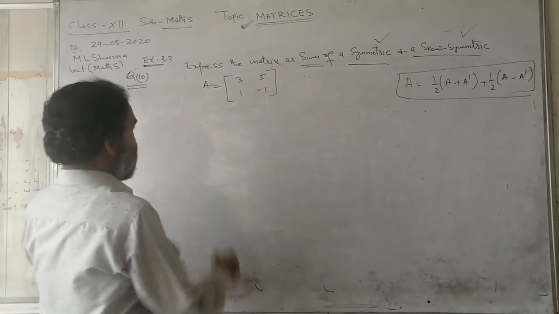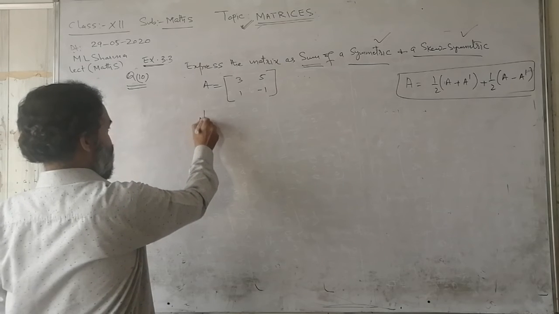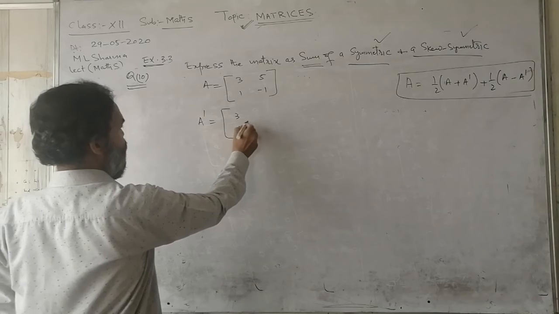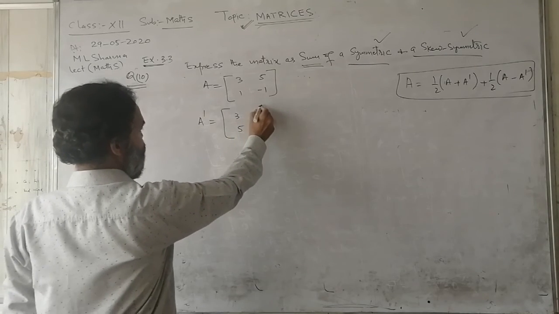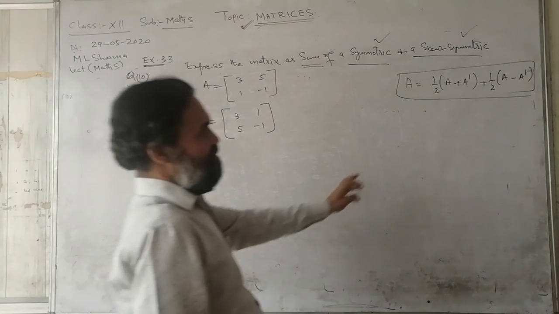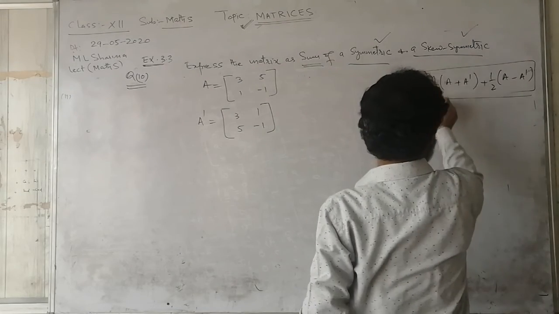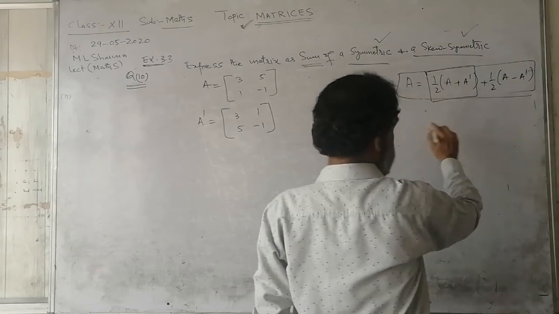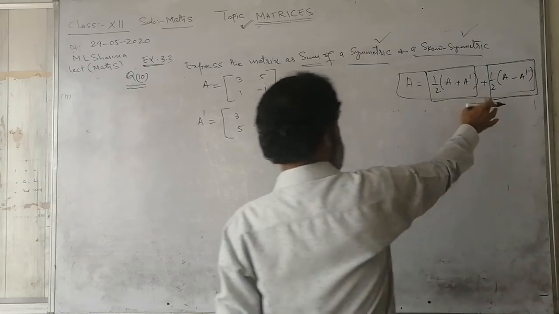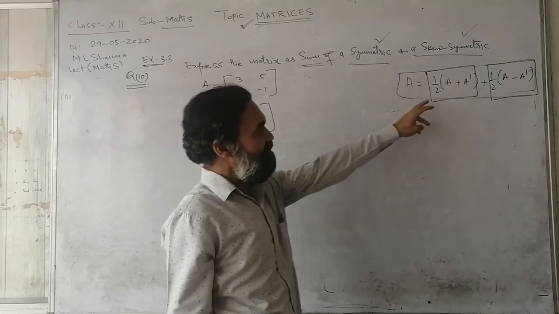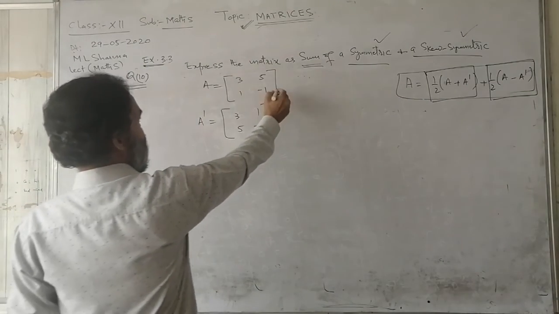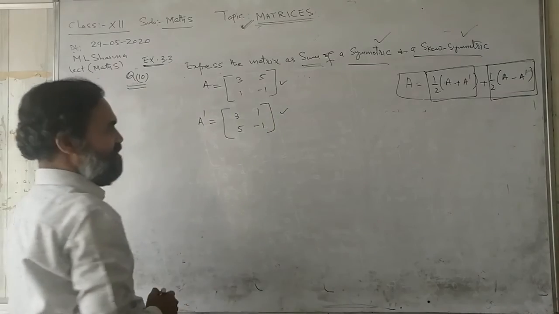So if A is given, I can find its transpose. This will be 3, 5, 1, minus 1. I first have to find out this value, and then I will add these two values, and that will equal matrix A. So this is A and this is A transpose.